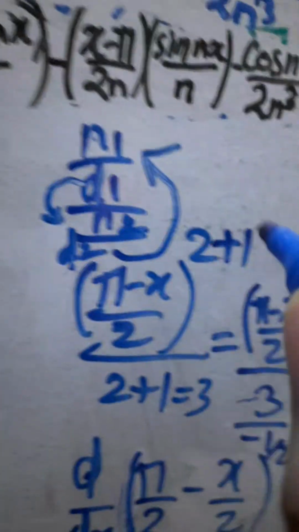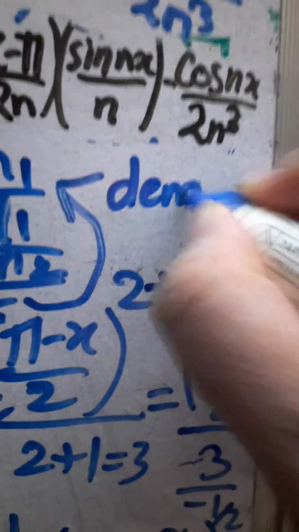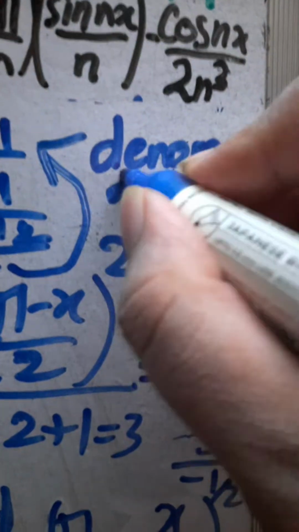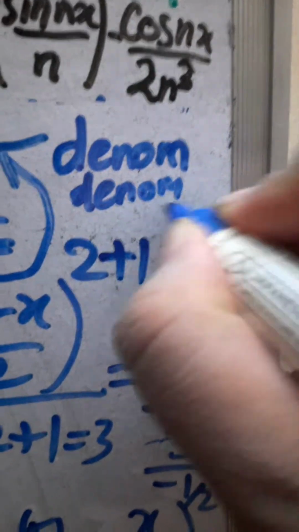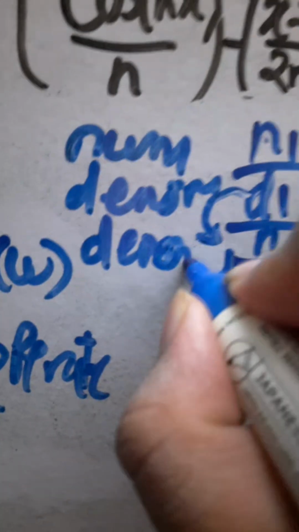So when I told you this song, what is it? The denominator goes to the numerator, opposite, and the numerator goes to the denominator.